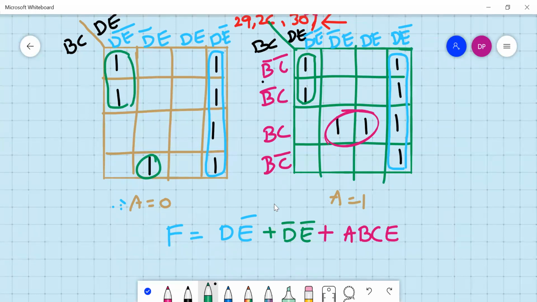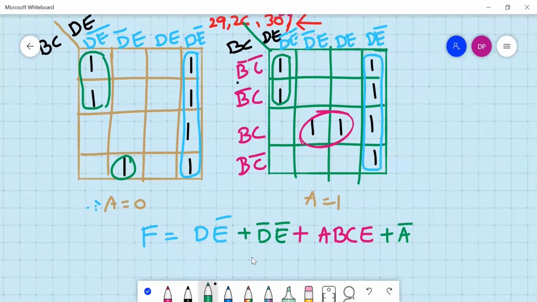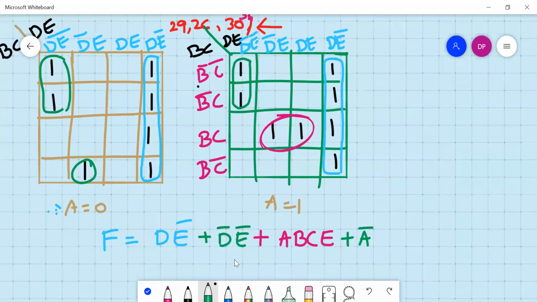A bar, B, C bar, D bar, E. This is A bar, B C bar, then B C bar, D bar E. So if you make a group of single element, you will have all 5 variables. Group of 2 will have 4 variables. Group of 4 will have how many variables?